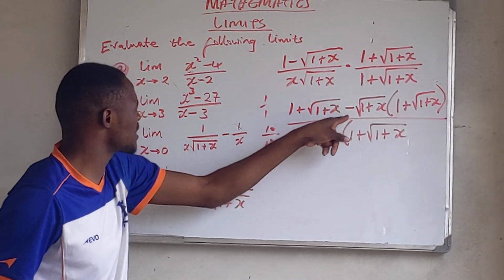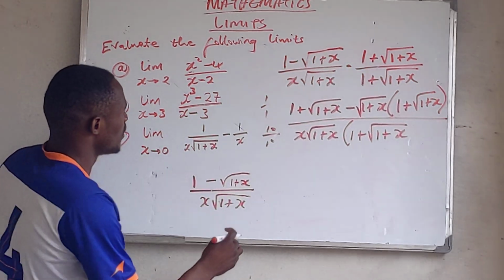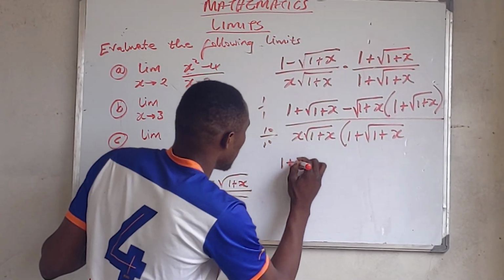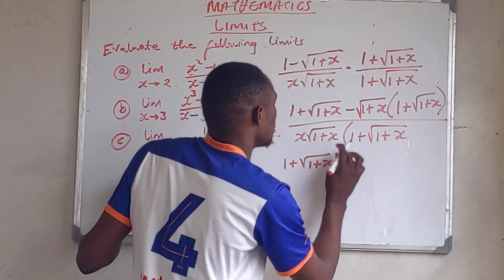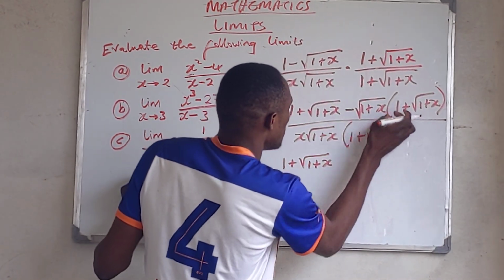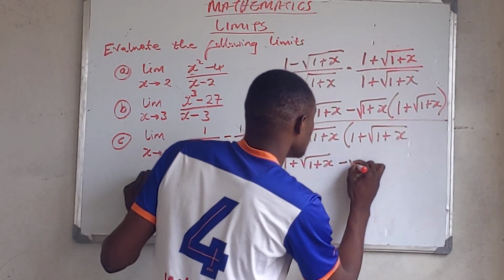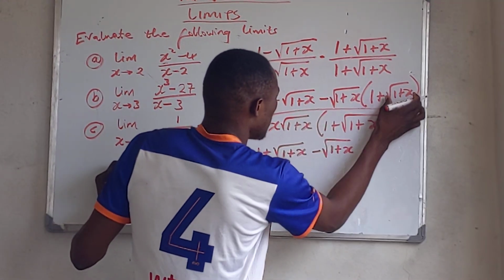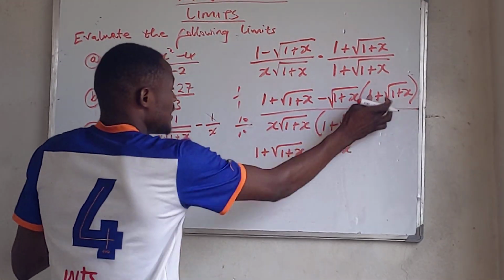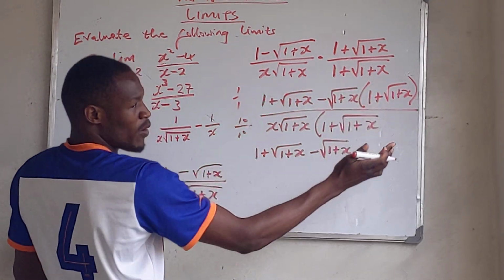From there, let us expand this numerator part. So we have 1 plus the root of 1 plus x. This multiplied by 1 is negative root of 1 plus x. This multiplied by this, so it is the same thing with a square root.